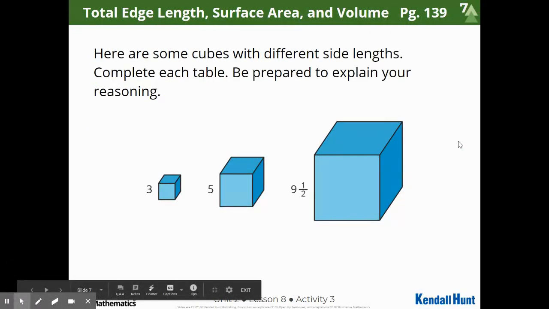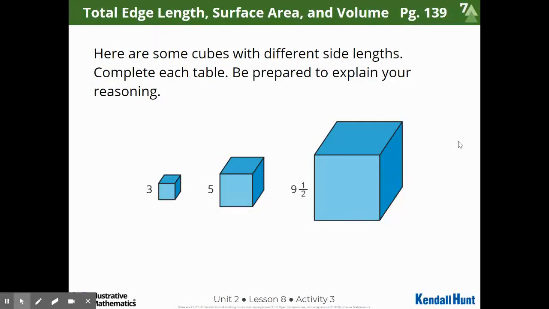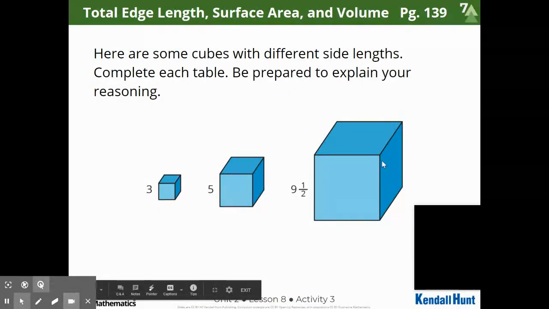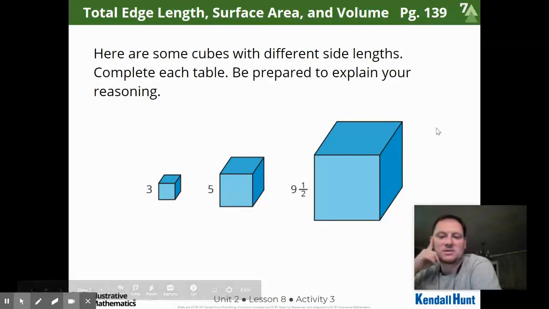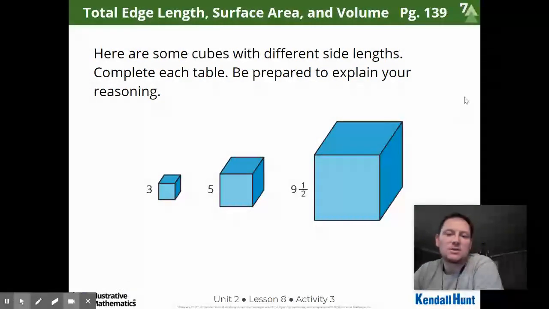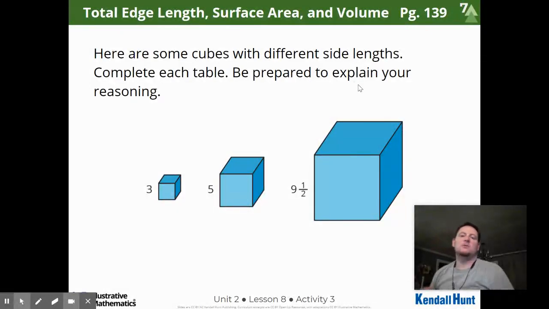Here are those cubes that you see on page 139. You're going to complete each table that we're dealing with in just a moment, and you're going to make sure you're able to explain your reasoning, like what we talked about with the warm-up. We're going to talk all about how to justify things, because the main thing math teaches you is to be able to justify, to answer that why question.